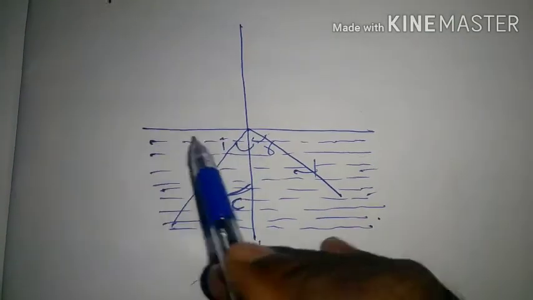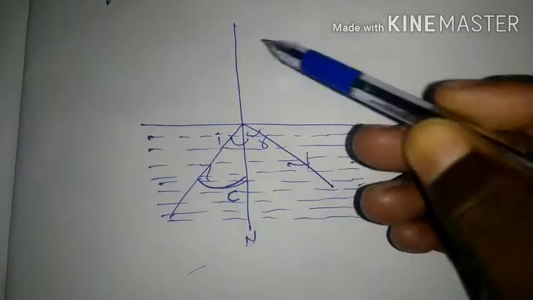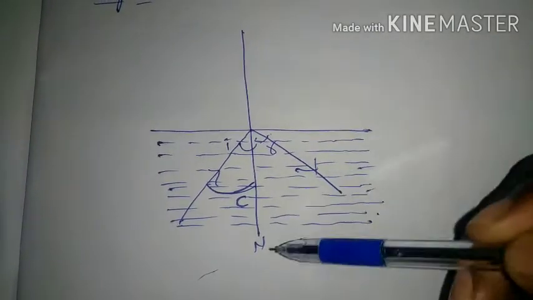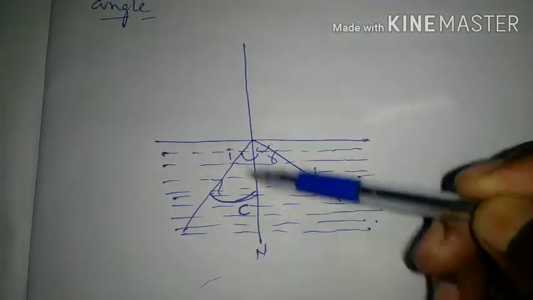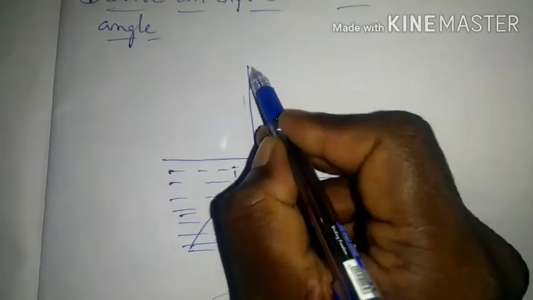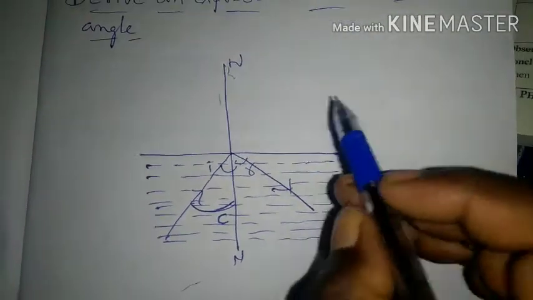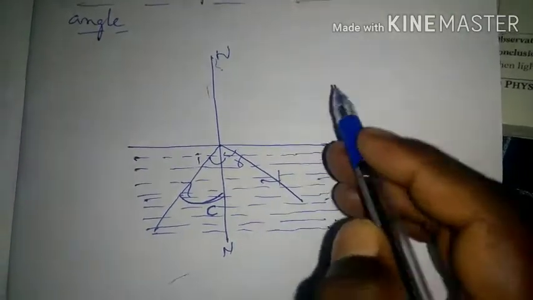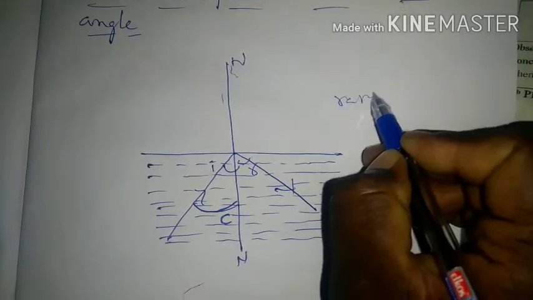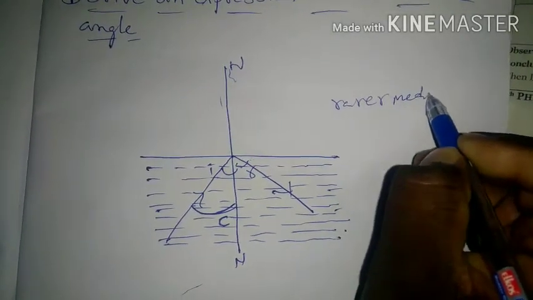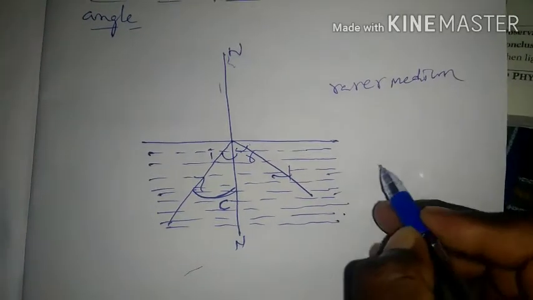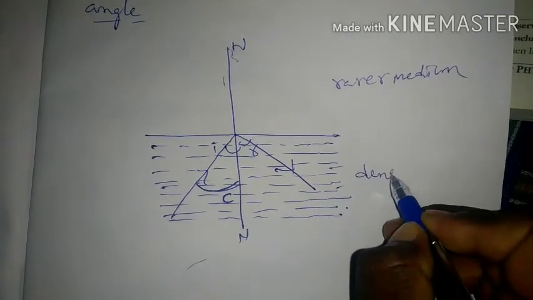This is the horizontal line. This is the vertical line. The vertical line is the normal line; mention normal line N. The upper side is the rarer medium, and the downside is the denser medium.